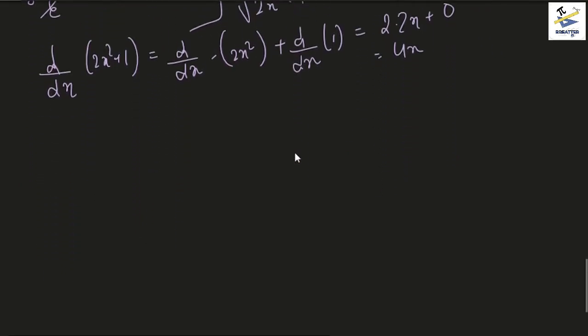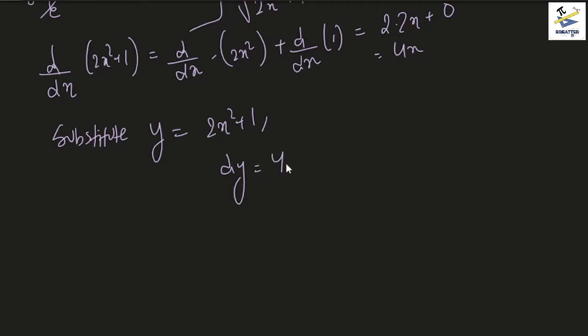The derivative of the term 2x square plus 1 is already present. And if that is so, what we can do is we can substitute y equals to 2x square plus 1, and thus we see that dy is equal to 4x dx, and this would turn our integral into something like this.